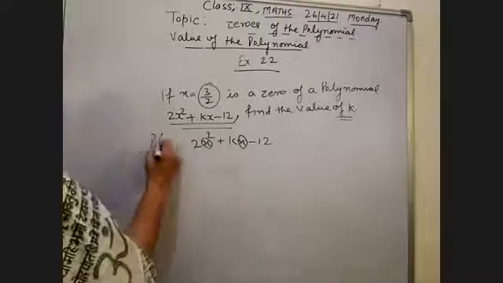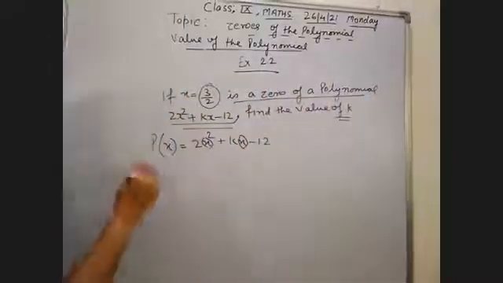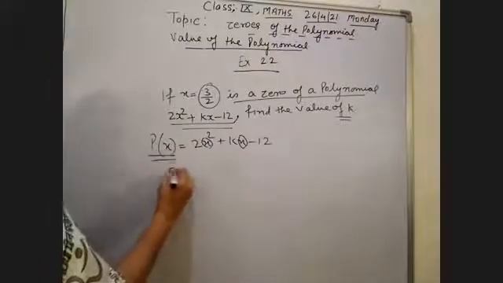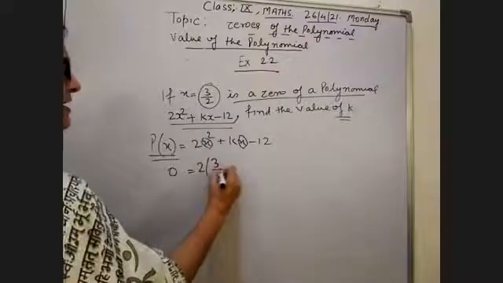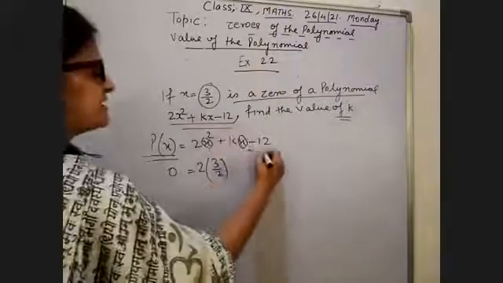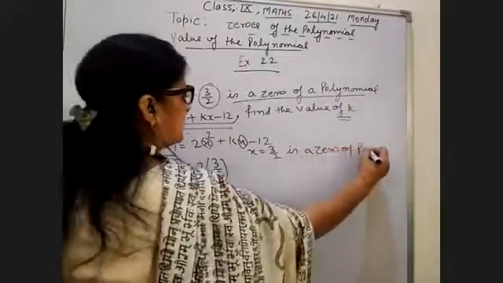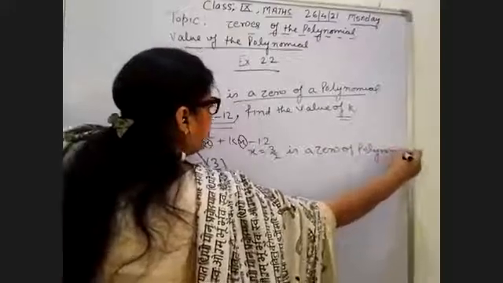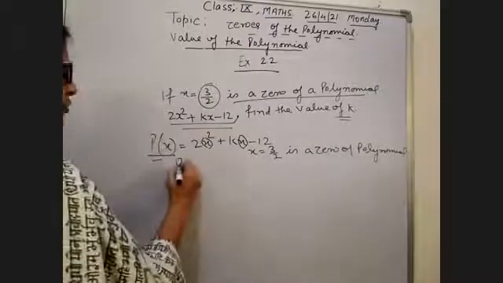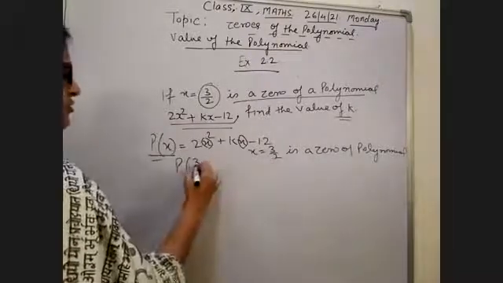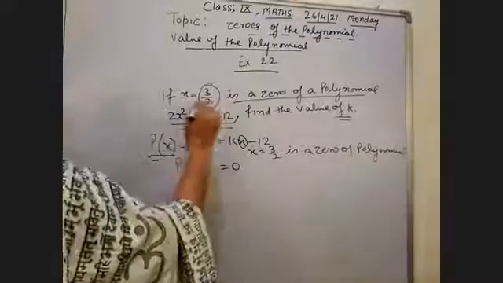It means when it is given that it is a 0 of the polynomial, you have to put px equal to 0, and in place of x you put 3/2. What does it mean? It means p of 3/2 is equal to 0, because it is already given.